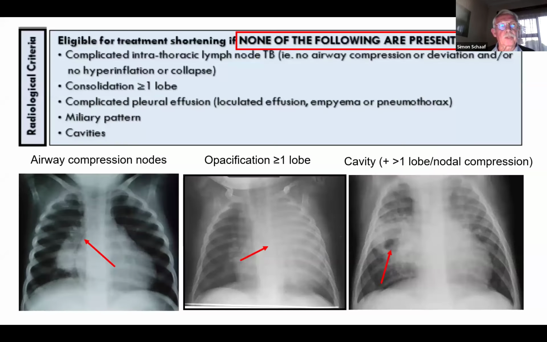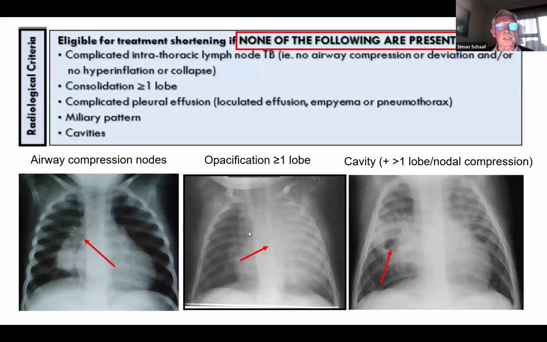So here again, you have some examples of what is not non-severe, but severe tuberculosis. In the first chest X-ray on your left, you'll see large lymph nodes with compression of airways, where the arrow shows. So that will be severe disease.